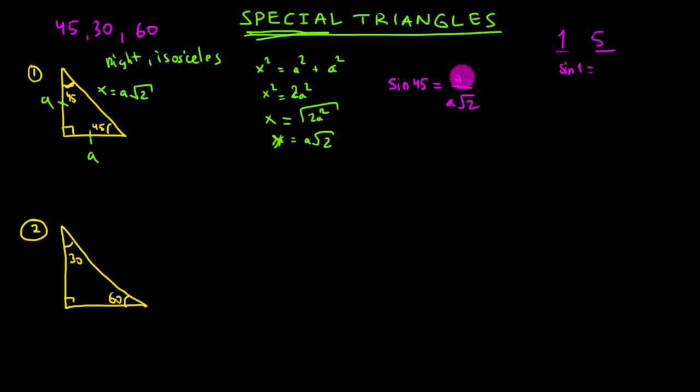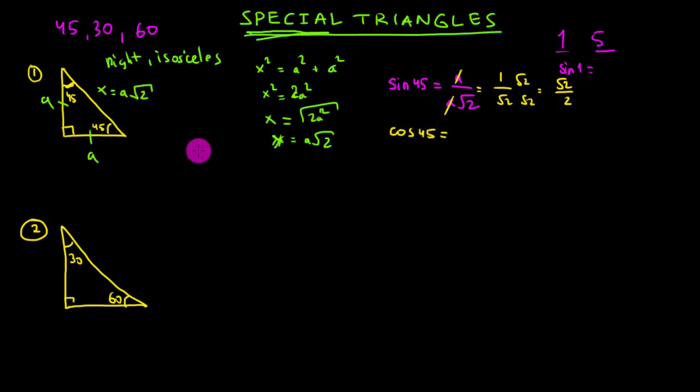So the a's are cancelled, you have 1 over root 2. And if you rationalize it, you multiply by root 2, you get square root 2 over 2.